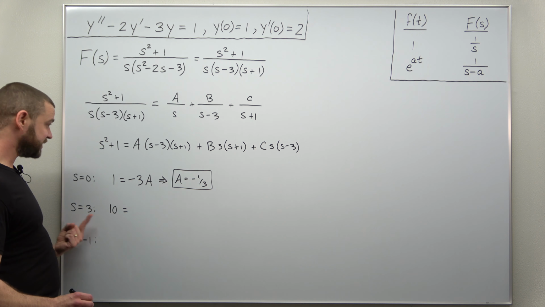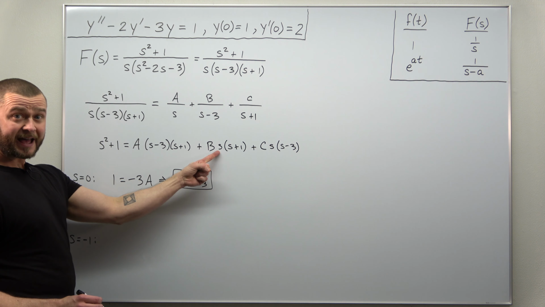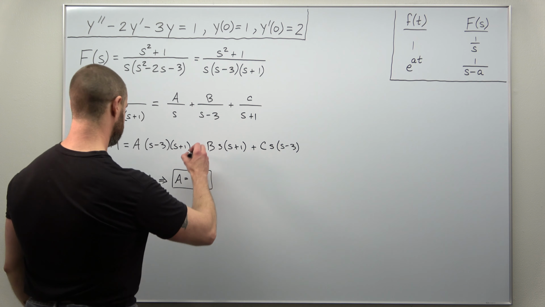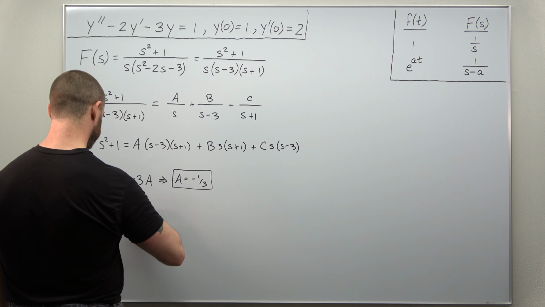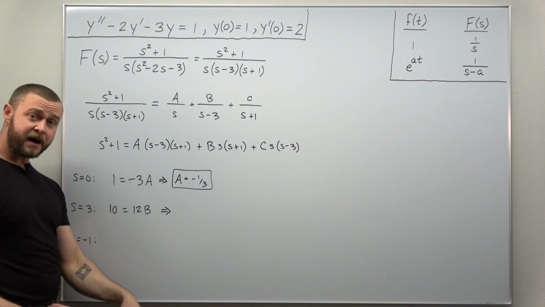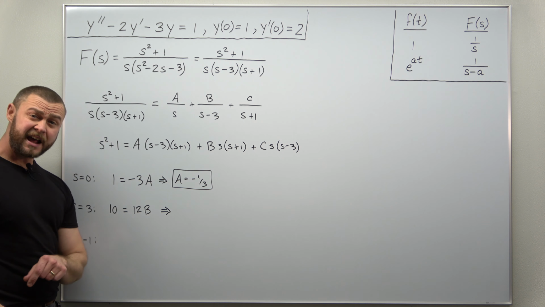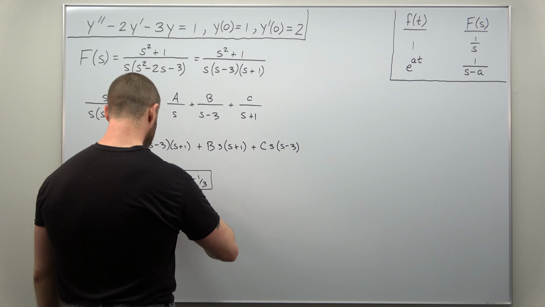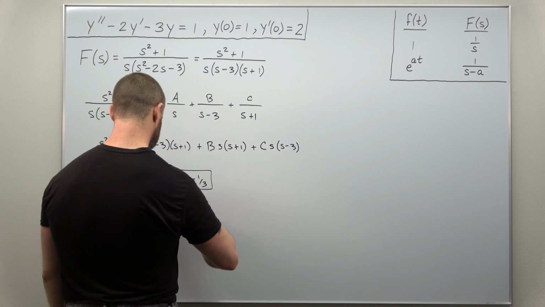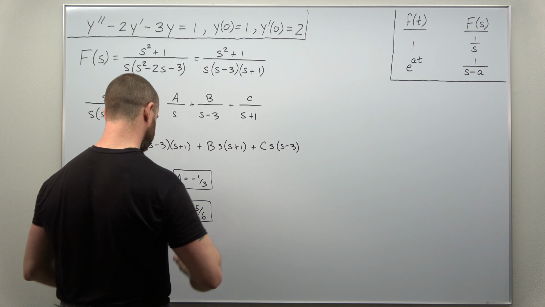We're plugging in s as 3, so we're going to have factors here of 3 and 4. We'll get, on the right side, 12B. You can go ahead and divide, cancel out a common factor of 2, and you should find that B comes out to 5 over 6.